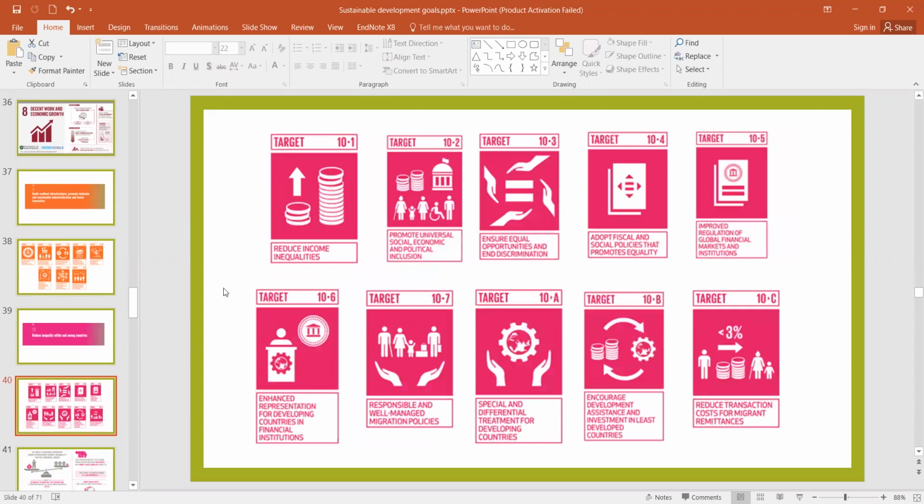These are the targets of SDG number 10: reduce income inequalities, promote universal social, economic, and political inclusion, ensure equal opportunities and end discrimination, adopt fiscal and social policies that promote equality, improve regulation of global financial markets and institutions, enhance representation for developing countries in financial institutions, responsible and well-managed migration policies, special and differential treatment for developing countries, encourage development assistance and investment in least developed countries, and reduce transaction costs for migrants and remittances.